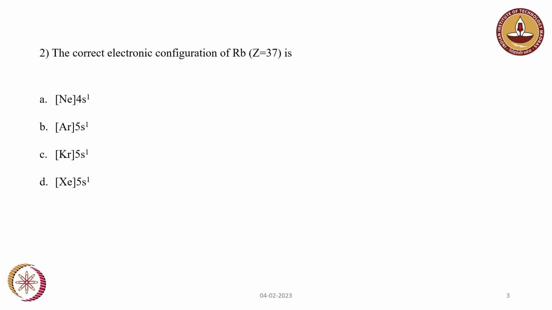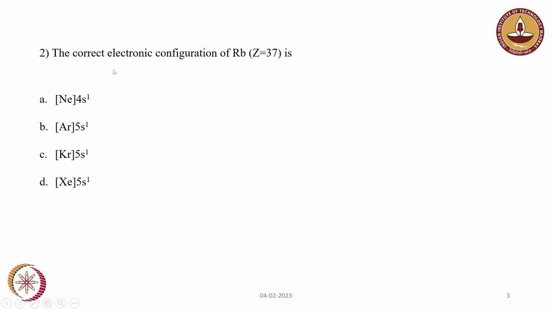The next question is: the correct electronic configuration of rubidium, which has an atomic number of 37. Option A is neon and 4s1, B is argon and 5s1, C is krypton and 5s1, and D is xenon and 5s1.